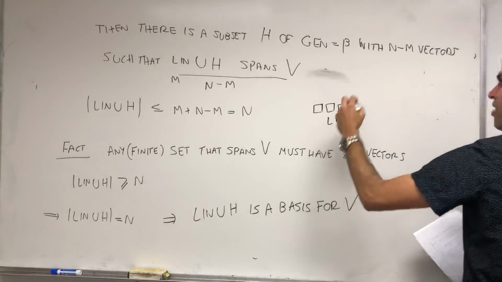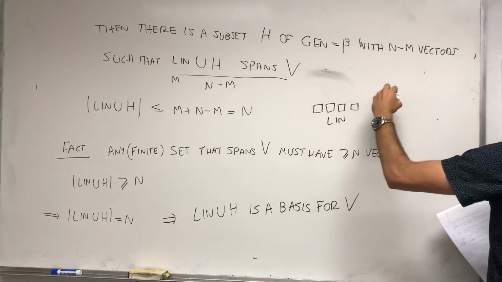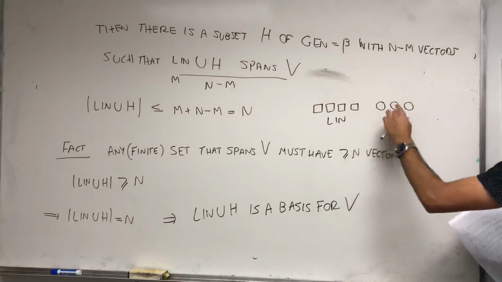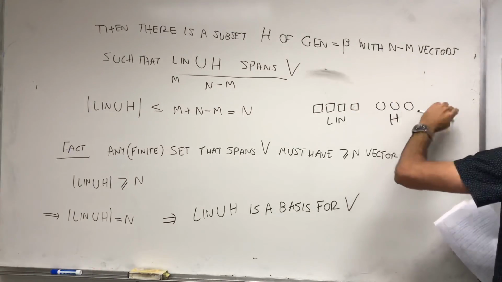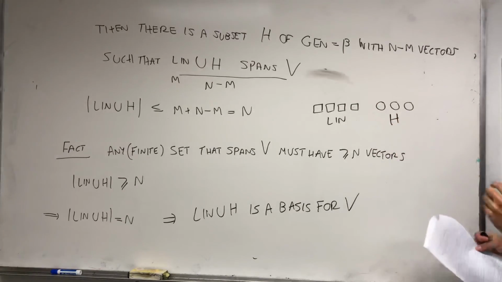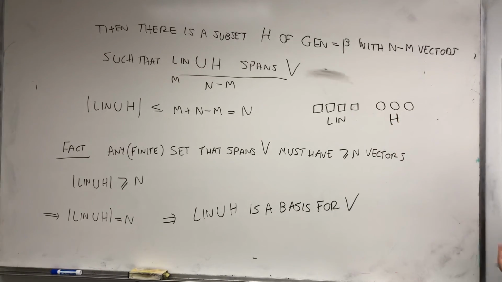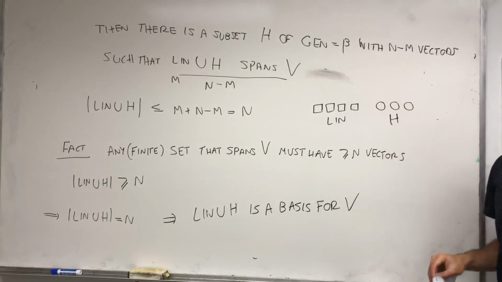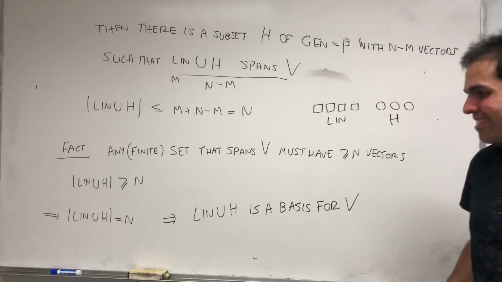This is L, and we've extended it with H. And this whole set, L union H, is actually a basis. So intuitively, those circles become squares.